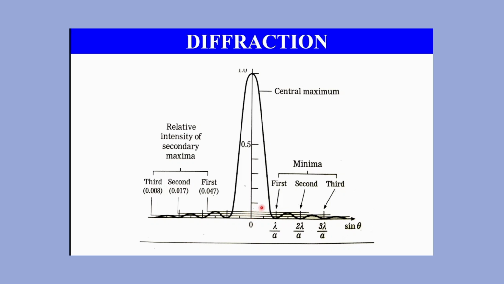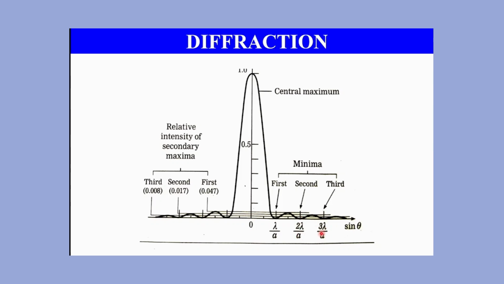Then alpha equal to plus or minus 3 pi by 2 is the first secondary maxima, and alpha equal to plus or minus 5 pi by 2 gives the second secondary maxima. Like this, as the order increases, the intensity of the diffraction pattern decreases, and the minimum intensity positions are observed at lambda by A, 2 lambda by A, 3 lambda by A, and so on.